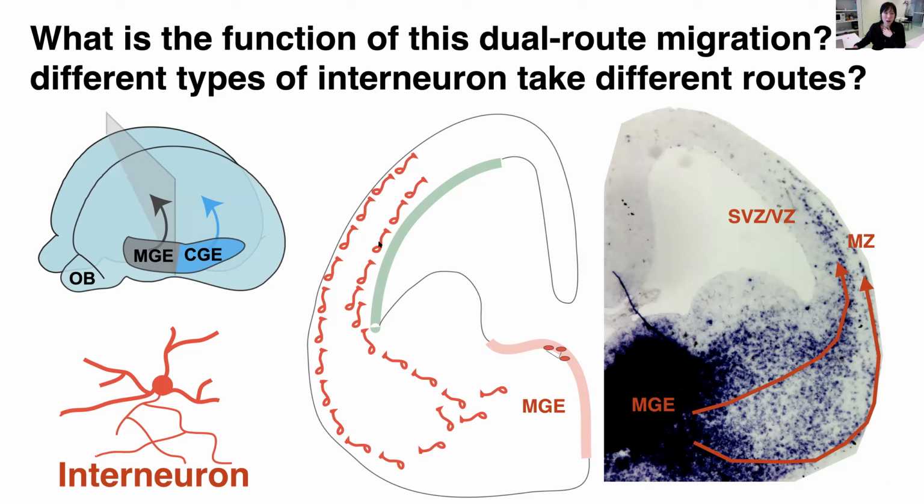It has long been hypothesized that this dual route gives a special microenvironment that allows for this diversity, at least as one of the mechanisms. So we started the project asking a very simple question: do different types of interneuron take different routes to get to the cortex?